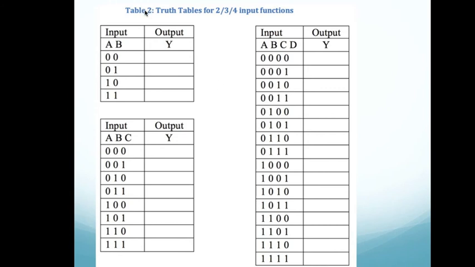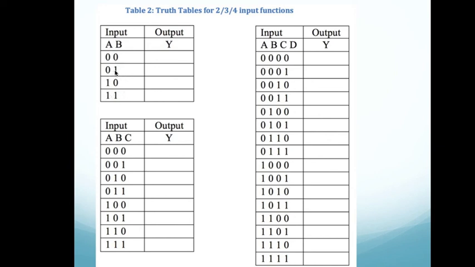So any Boolean function can be represented either with an equation or with a circuit or with a truth table, and they're all completely equivalent. And one thing about truth tables is you want to always do them in the same order. So that makes it real easy to compare. This is what we call binary count order. So if I consider A and B as a number, this is 0, 1, 2, 3.